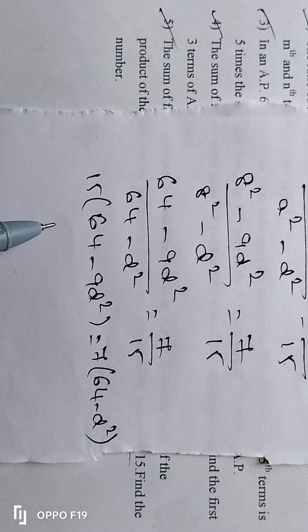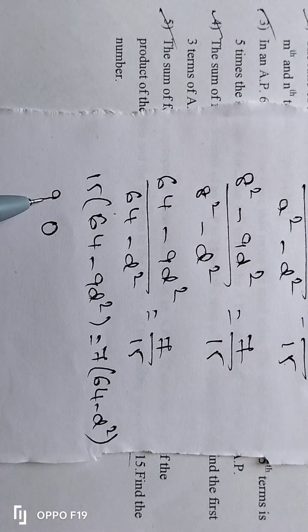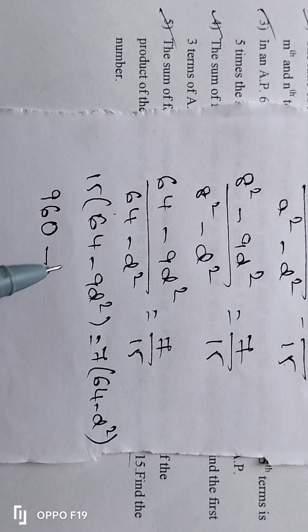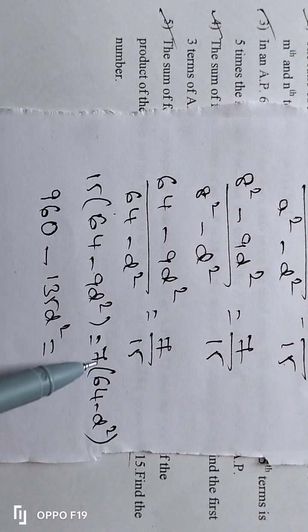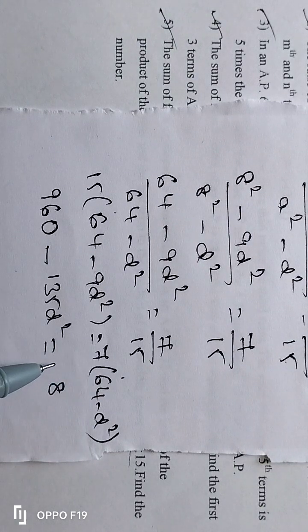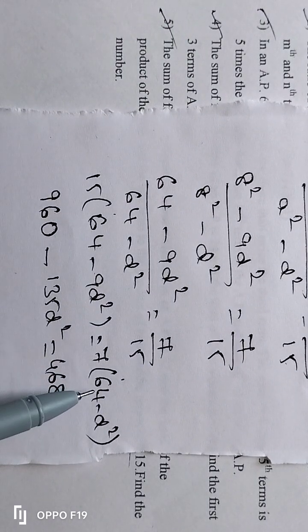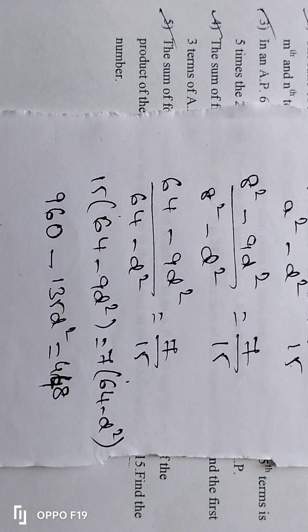Multiply now. 15 fours are 60, 6 carry, 15 sixes are 90, 90 plus 6 is 96, so 960 minus 15 nines are 135 d square is equal to 7 fours are 28, 8 2 carry, 7 sixes are 42, 42 plus 2 is 44.